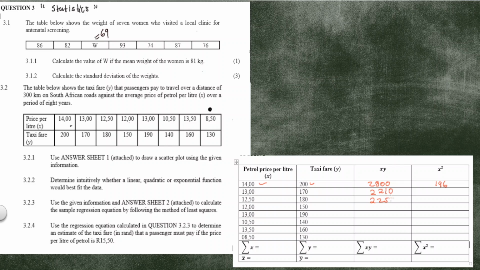Then 2,250, then 1,800, then 2,470, 1,470, 2,160, then 1,105. So it's just a matter of taking x and multiplying it by y to get the answer for each row. Then we do the squares for the third column.